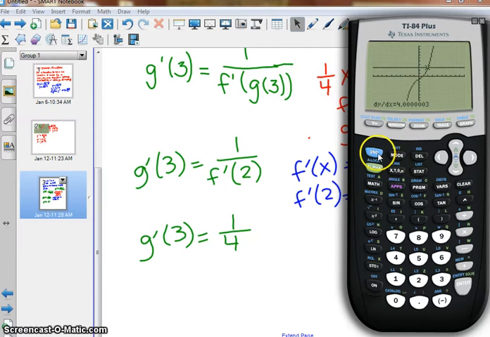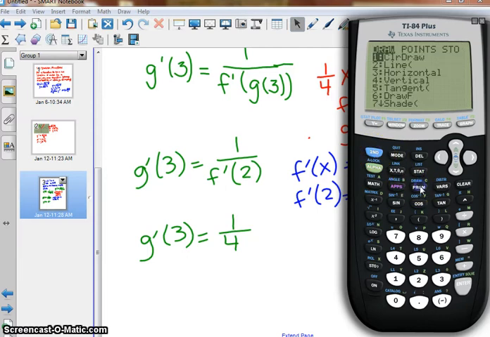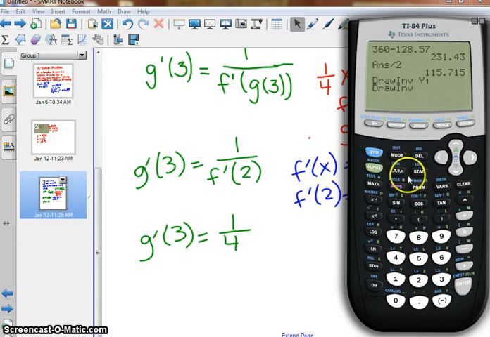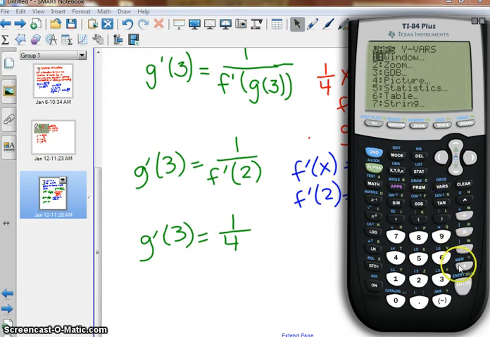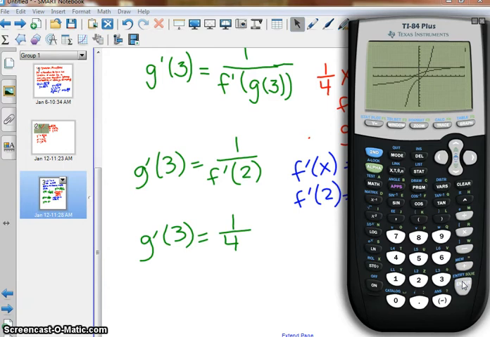If I look at the inverse function, if I go to the point at 3 on the inverse function, I can see that the slope does look like 1/4.